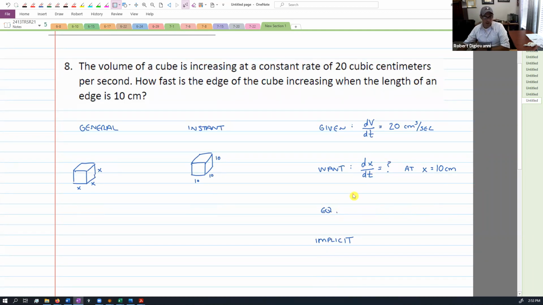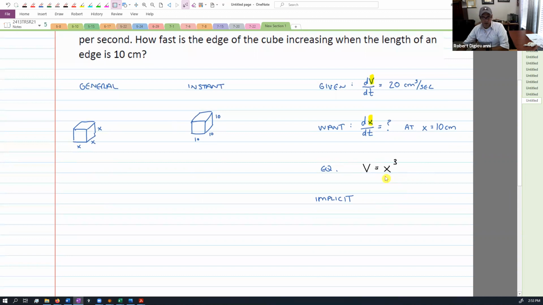We need an equation that relates the volume to x, and that's a pretty straightforward one. Volume is x cubed. So now I do implicit differentiation of this, with respect to time on both sides. The derivative of V with respect to t is dV/dt. The derivative of x cubed with respect to t is 3x squared dx/dt.